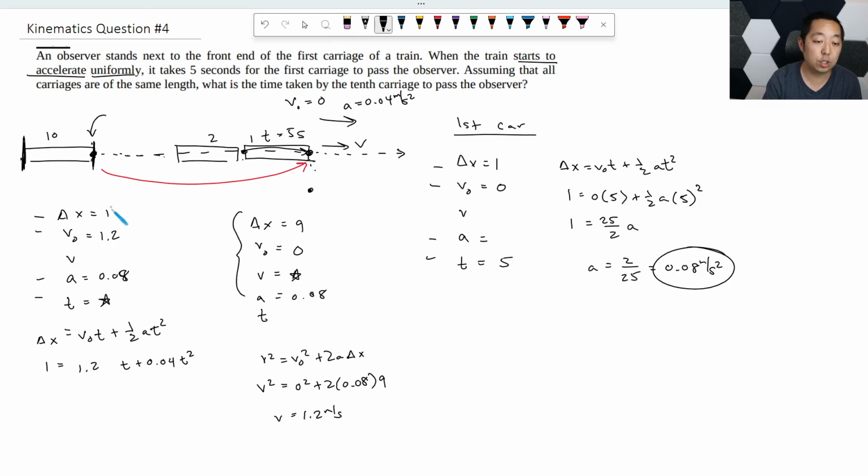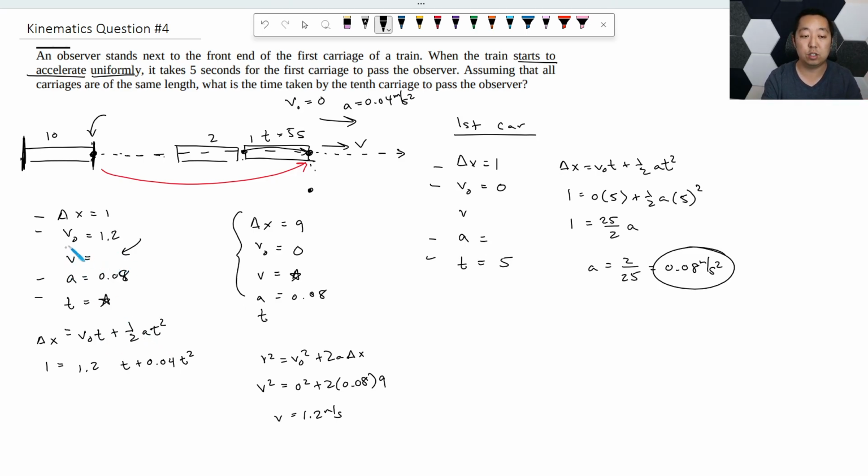You can also, if you don't like using the quadratic formula, if that's not something you're strong at, one other trick I tell students is, if math is not your strong point and you don't want to use the quadratic formula, you can solve for the final velocity first, because solving for time using the quadratic is a little bit tedious.